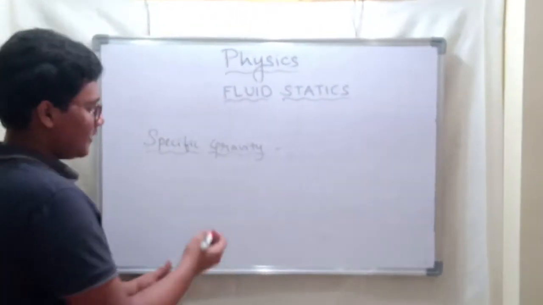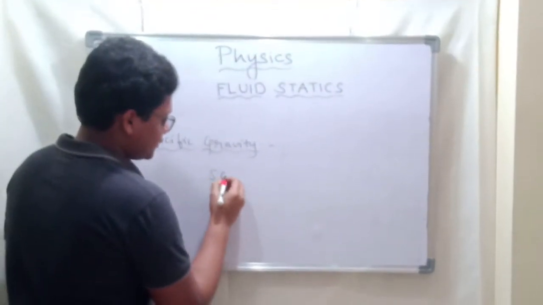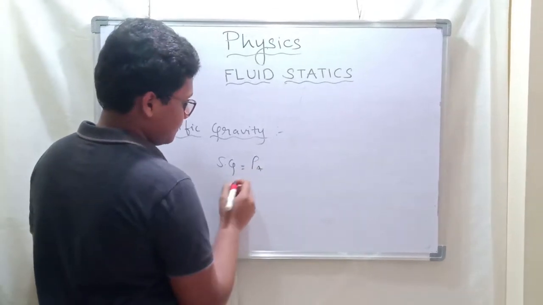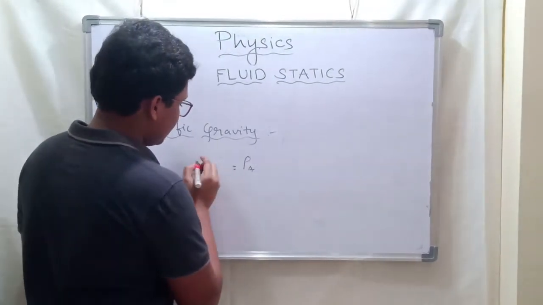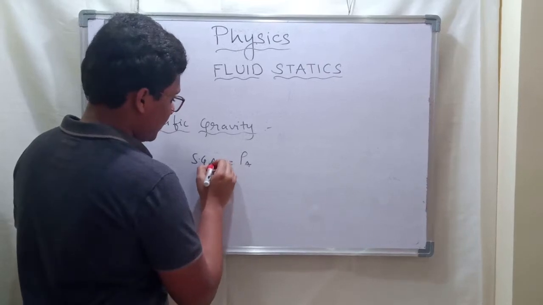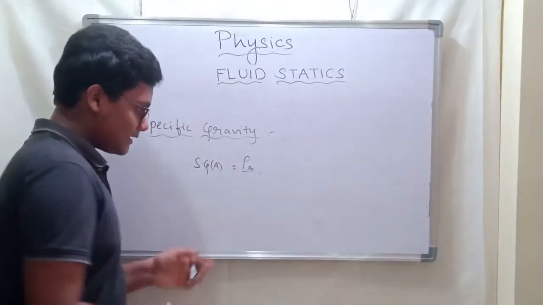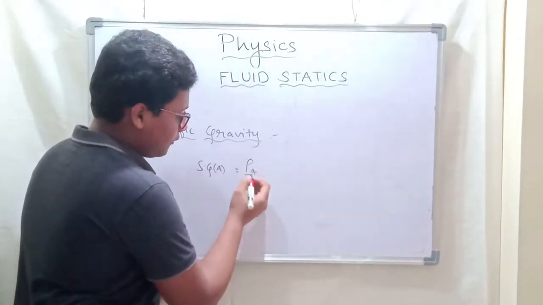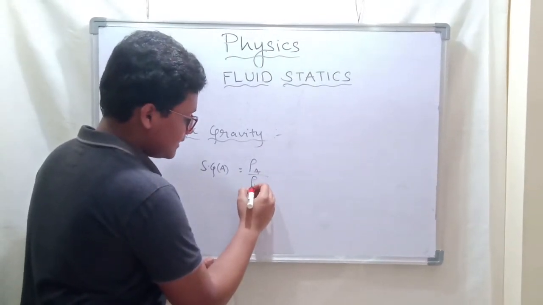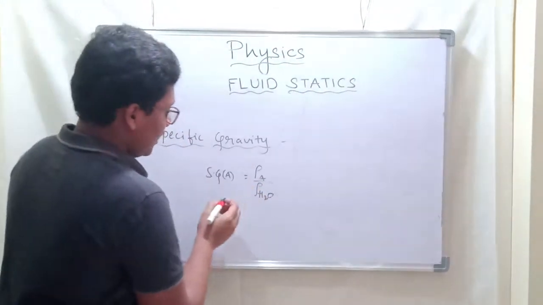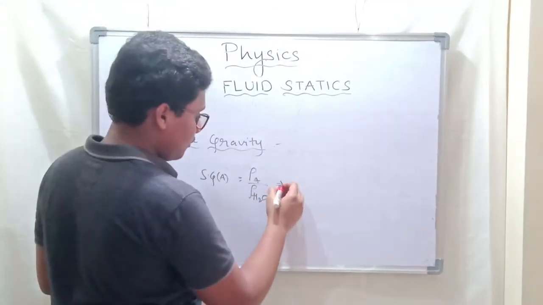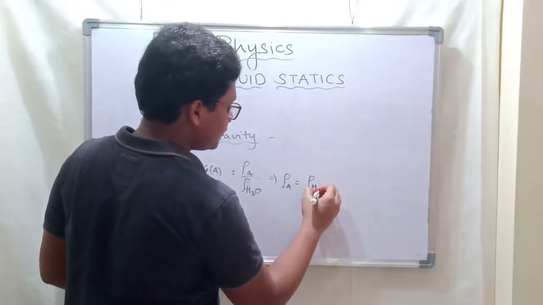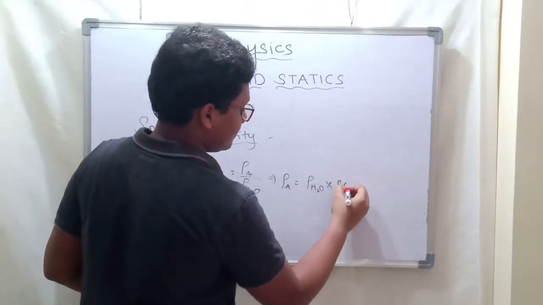In specific gravity, Sg of A, the specific gravity of a liquid substance A, is equal to the density of A divided by the density of H2O, water. If we want the density of A, it is equal to the density of H2O into the specific gravity of A.